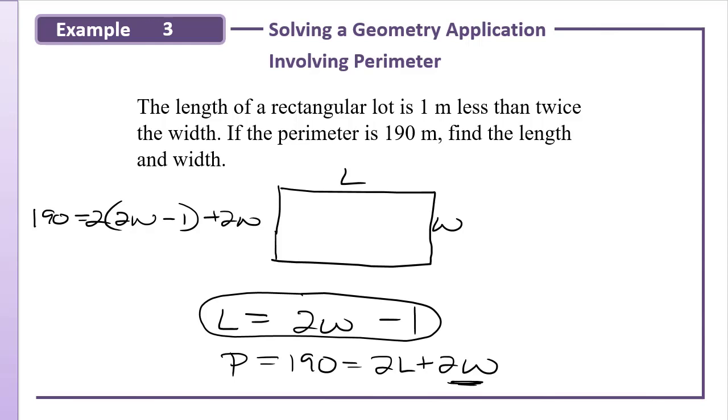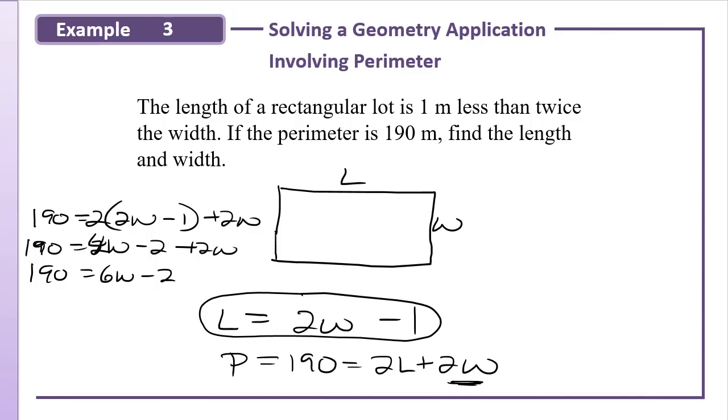And now it's just a matter of solving this using our simple order of operations, right, where we get rid of parentheses by doing the distribution. So 190 equals 4W minus 2 plus 2W. Combine like terms, 190 equals 6W minus 2.